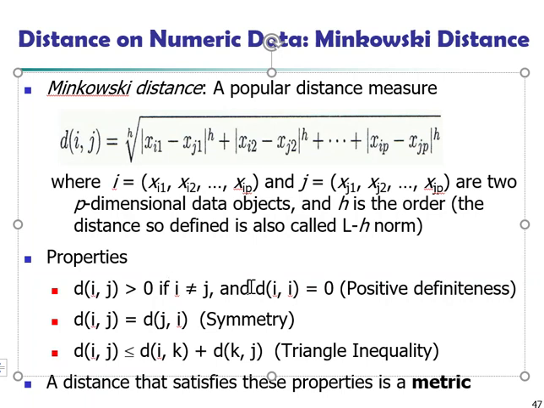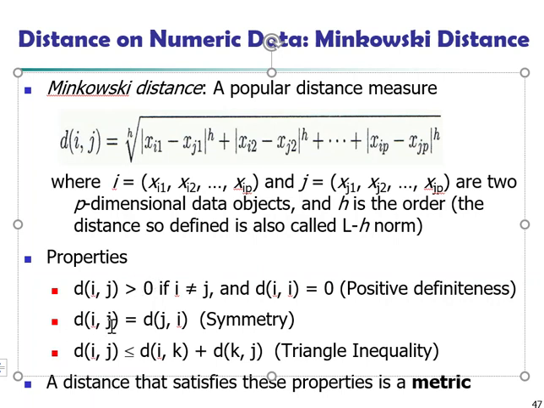So those properties are: distance can never be negative. If the two things are not the same, then that distance must be greater than 0. If they're the same, the distance has to be 0, right? So this is why when we talk about the distance, we know that the lower bound is 0, but we don't know what the upper bound might be. The upper bound might be greater than 1.